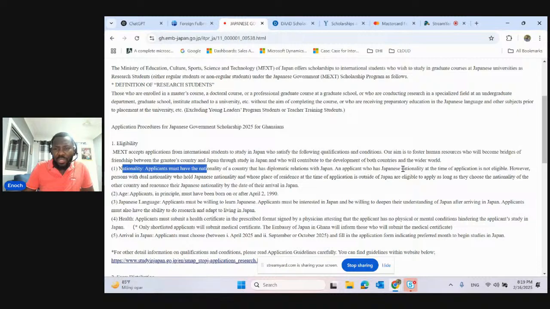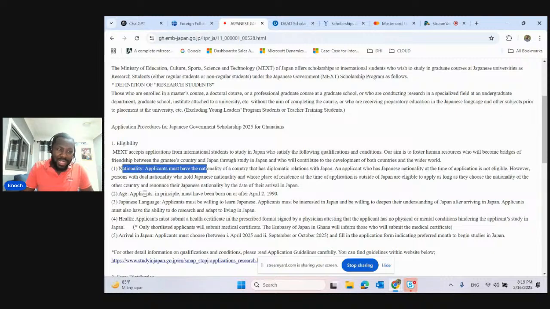An applicant who has Japanese nationality at the time of application is not eligible. However, persons with dual nationality who hold Japanese nationality and whose place of residence at the time of application is outside Japan are eligible to apply as long as they choose the nationality of the other country and renounce their Japanese nationality by the date of their arrival in Japan.